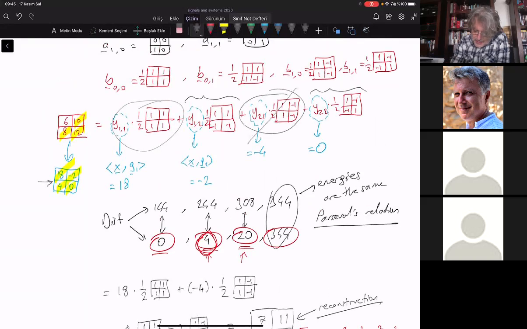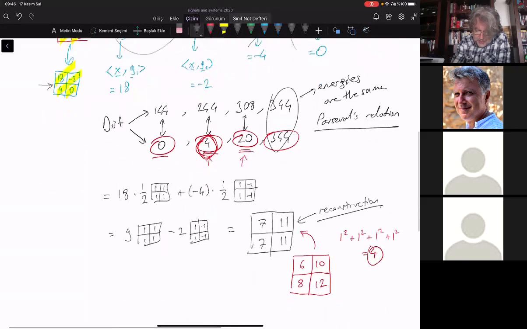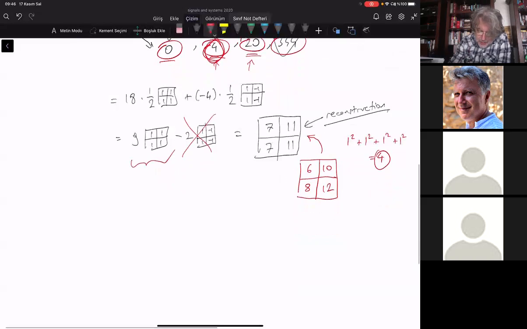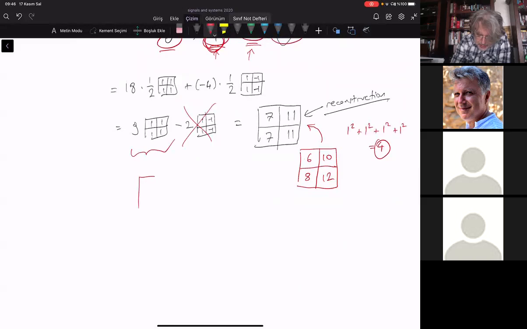Let's not use that either, this one. So the reconstruction from there will be, even without this one, only one single item, which is 9, 9, 9, and 9. That would be my reconstruction with only one term, which is the DC term, by the way.